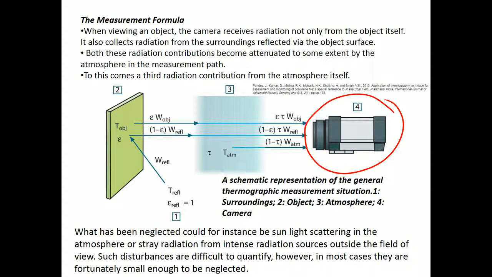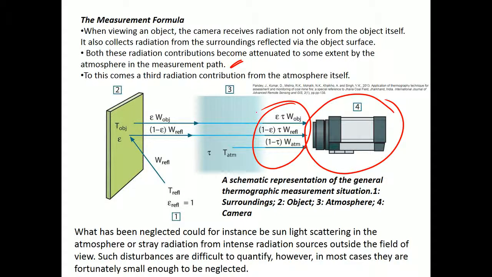So, when viewing an object, the camera receives radiation not only from the object itself, but also from the surroundings reflected via the object surface, right. So, all contributions of all kinds. Both these radiation contributions become attenuated to some extent by the atmosphere or by the measurement path, right. So, you can see all kinds of things are happening: there is reflection, there is emission, all kinds of things which actually reach the camera, right.